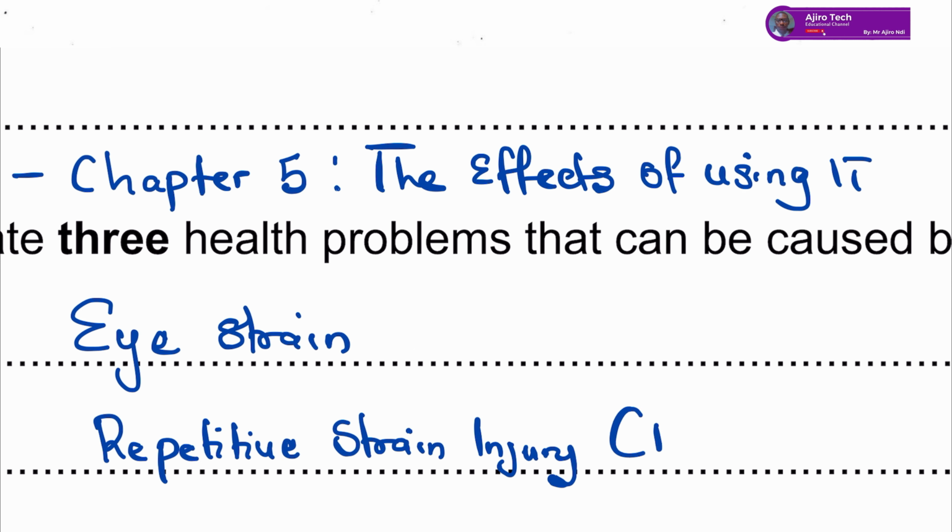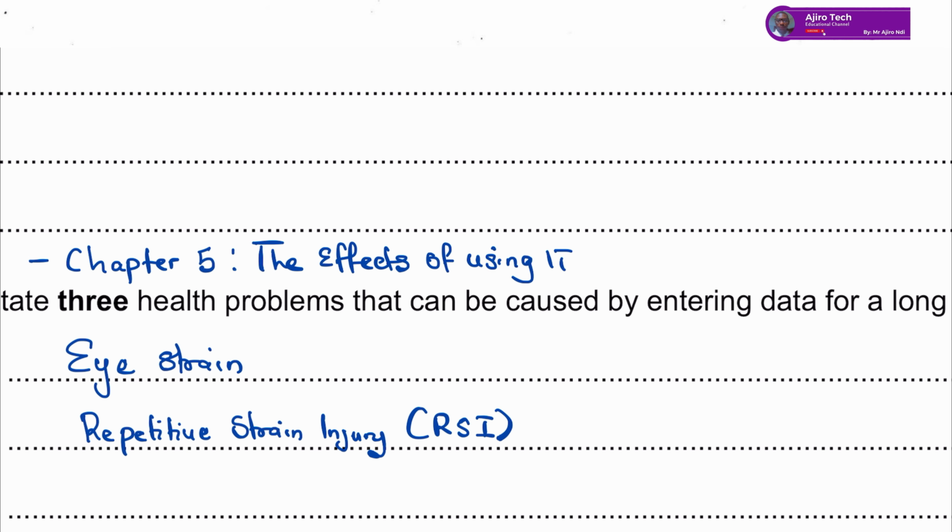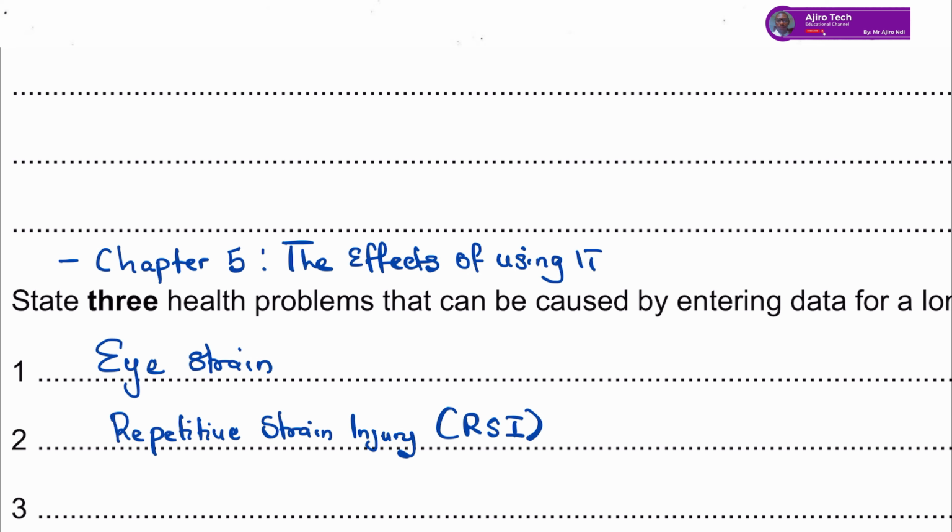So it means that because you're typing data for too long, it can result in a form of injury to your fingers and wrist, which is the continual use of your keyboard, right? Or probably your mouse. So that can actually cause that.